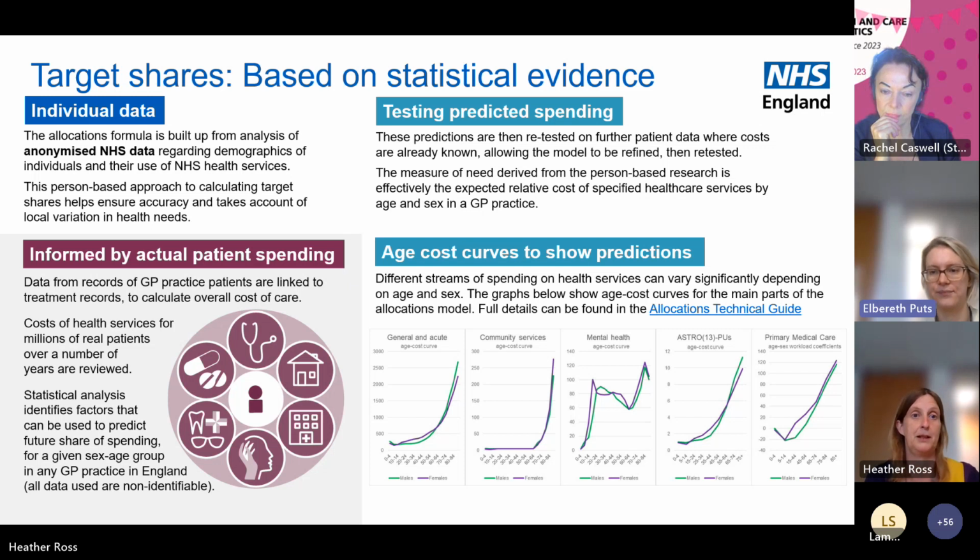You can see particularly that the mental health age cost curve is very different to the others in that it's got a peak early on and then a later peak. And the community services age cost curve ramps up really high, but at quite old age, compared to general acute, which starts to ramp up about 65 plus.